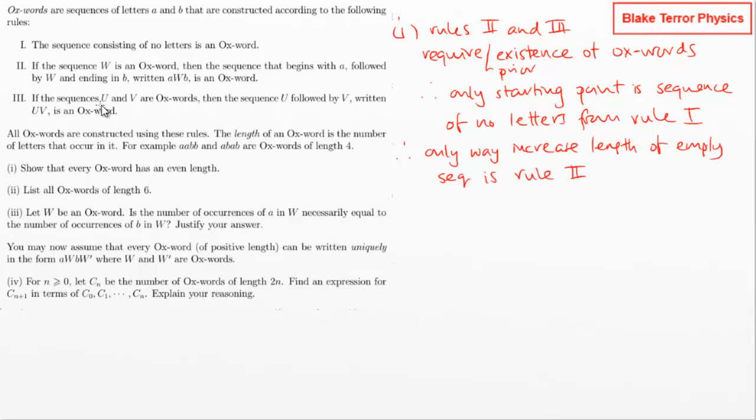We can't add 2 empty strings together by rule 3. We're just going to get another empty string, so that is going to lead to AB. So we've got AB.